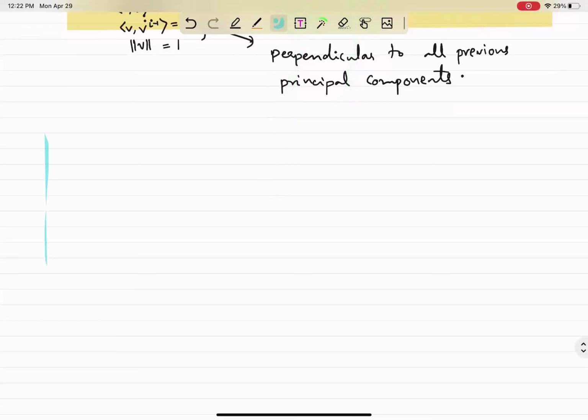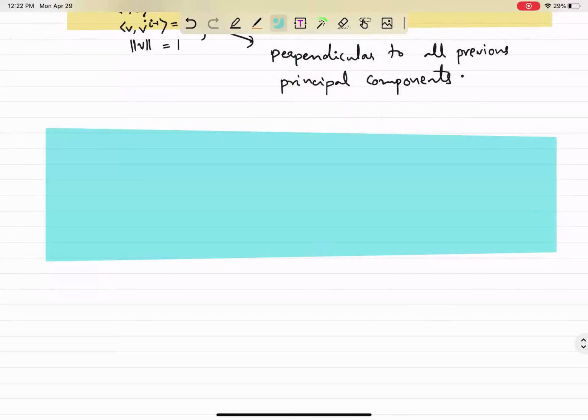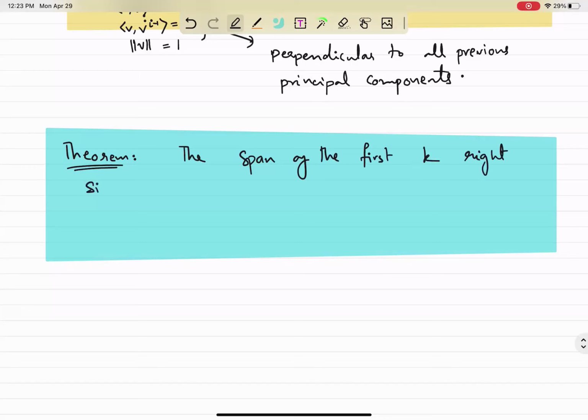And remarkably, we got lucky, I would say. So it's a hard non-continuous optimization problem. And even if you make small tweaks, but in the end, the way we define error and everything, it turns out that the span of the first k right singular vectors maximizes this.